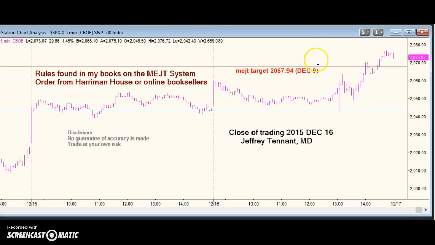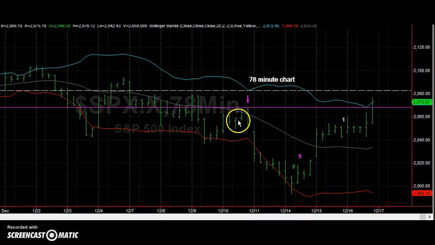In addition to the indication that this move is going to be reversed and go under this low, and in addition to that resistance over here, we're trading over a TDST line on the 78-minute chart. There's always resistance over a TDST line.